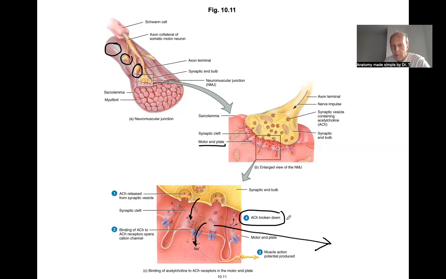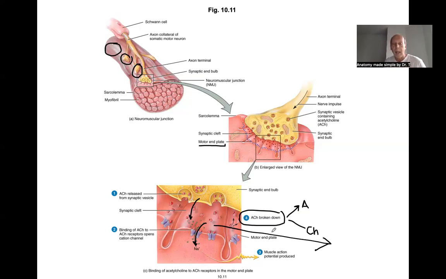Enzymatic degradation, or ACH being broken down, practically means that ACH splits into an acetyl group and a choline group. So it's not ACH any longer, it's two different components. And of course, as such, they don't have the same capacity. They've been broken down and brought to the level of being inactive.